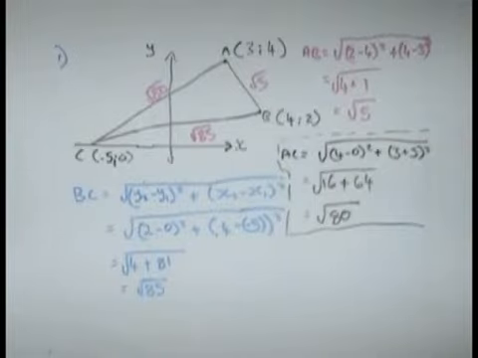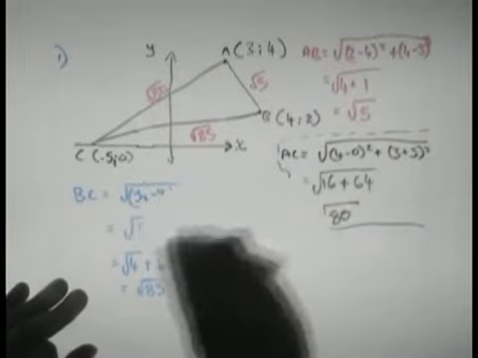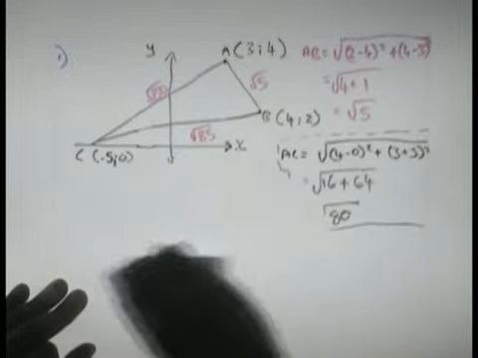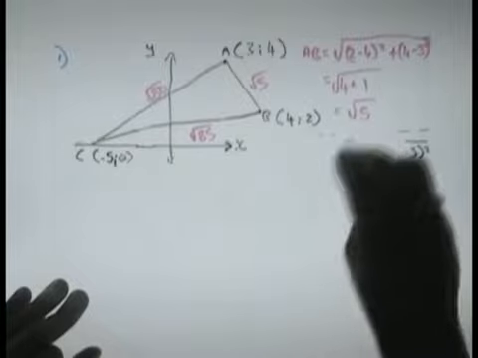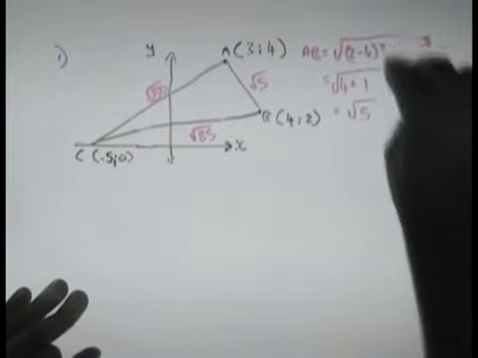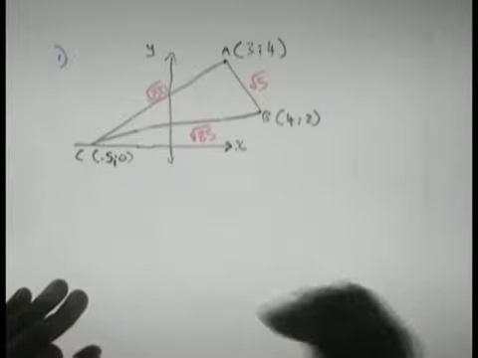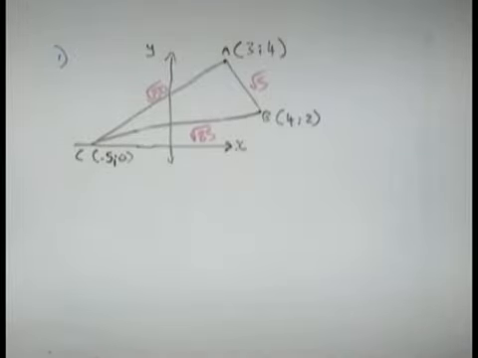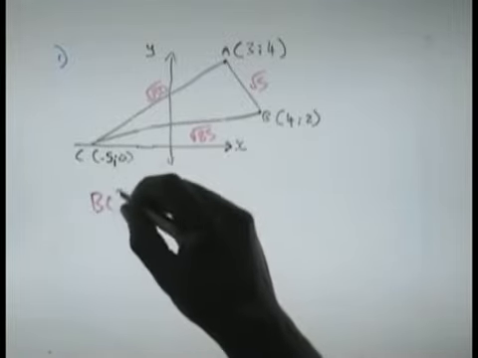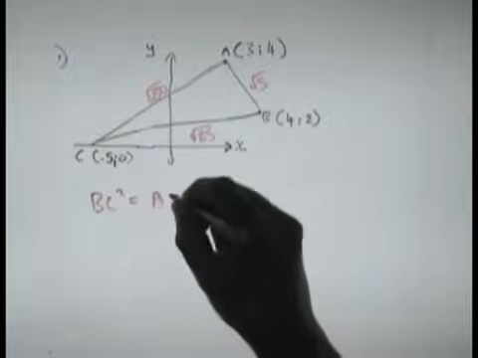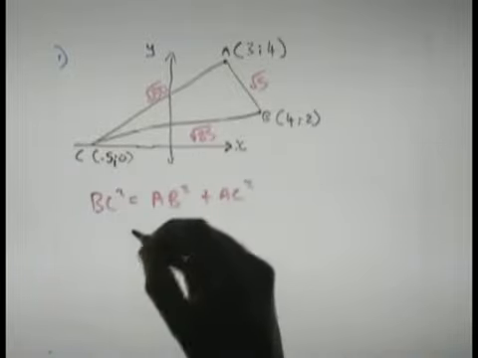If it is a right angled triangle and BC is the hypotenuse, in theory the hypotenuse squared should equal the two sides squared added to each other. Basically that means that if BC is the hypotenuse, BC squared is equal to AB squared plus AC squared.